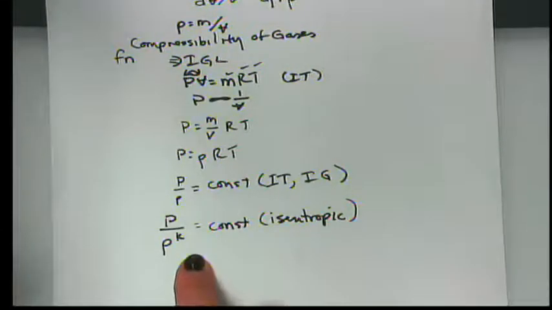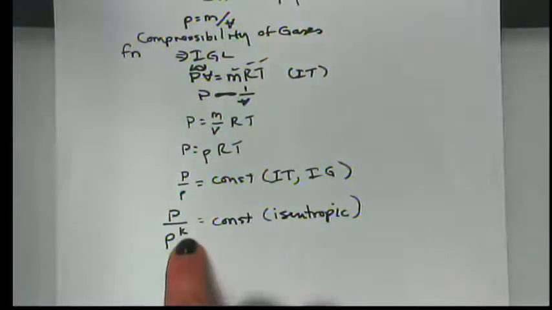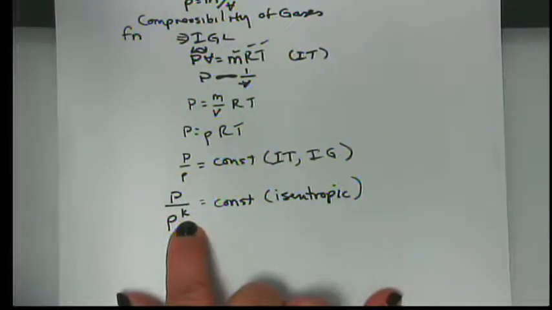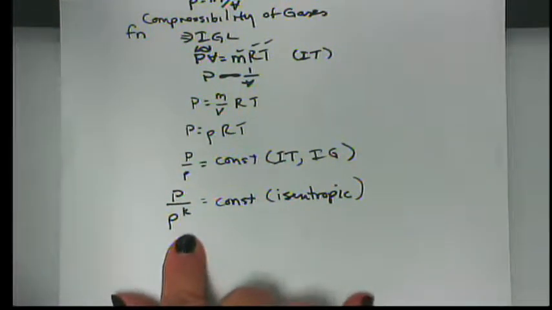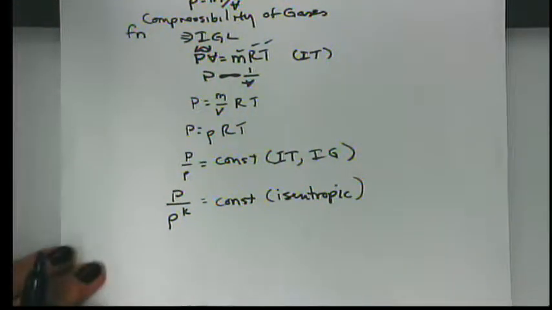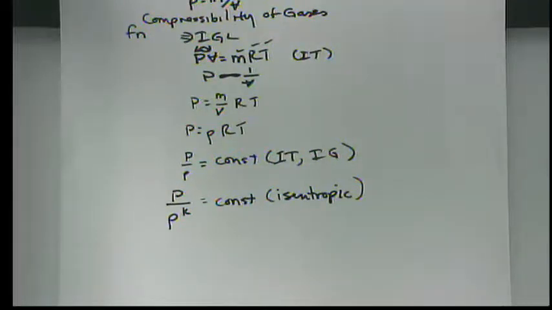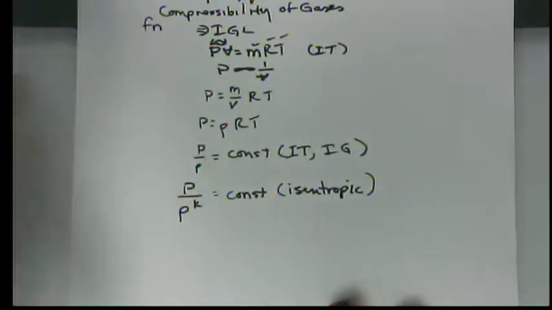K in this particular case is the ratio of the specific heats, specific heat at constant pressure divided by specific heat at constant volume. So you may remember some of that from chemistry. We continue and look at some of these different relationships in section 1.7.